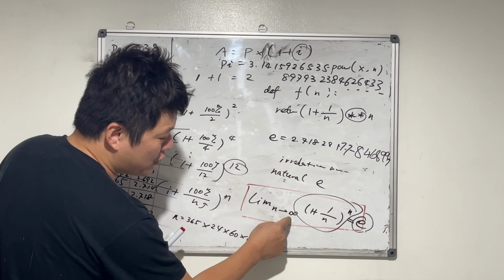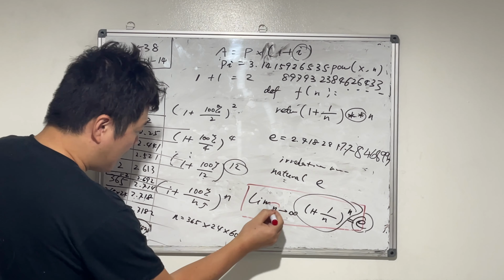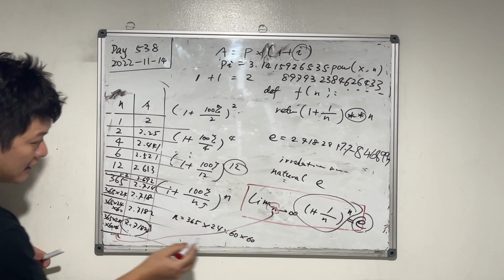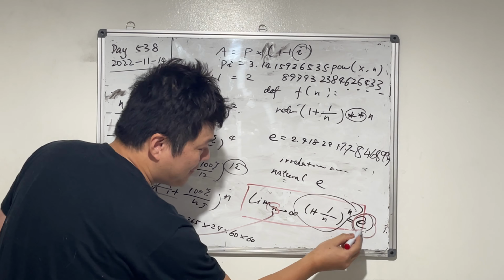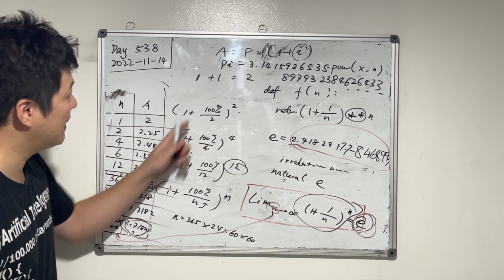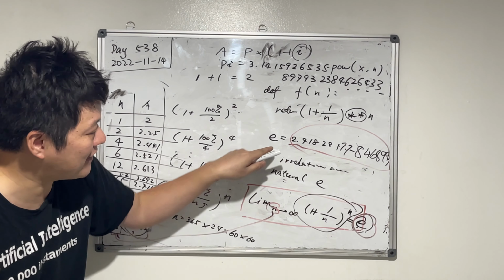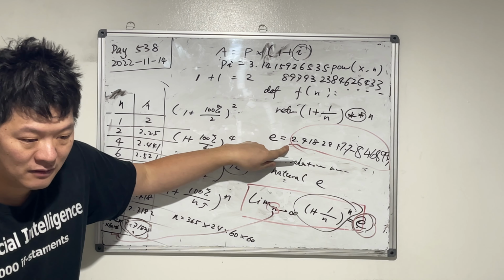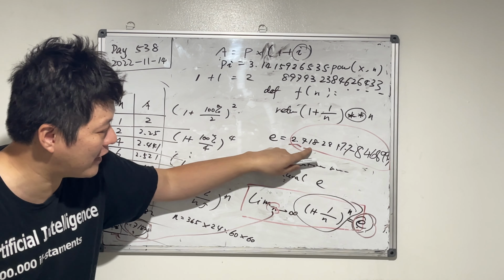So when n approaches infinity, you're not getting infinite money. You're only getting E. You convert to E, which is this amount of money. So if you have $1 and the interest rate is 100%, the maximum you can get from the bank is this number, E. 2.718.